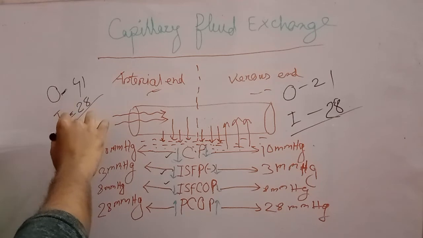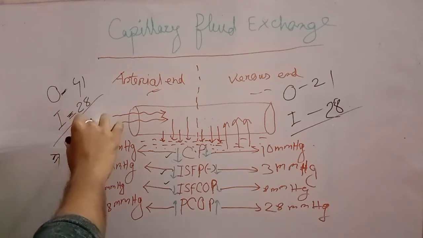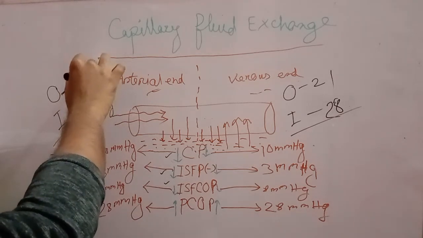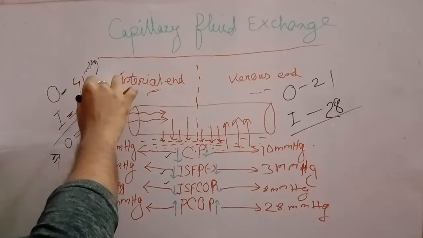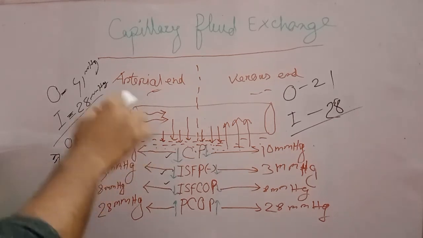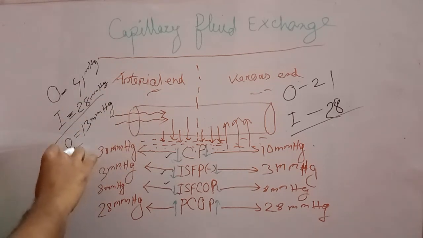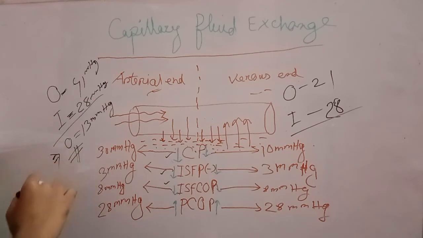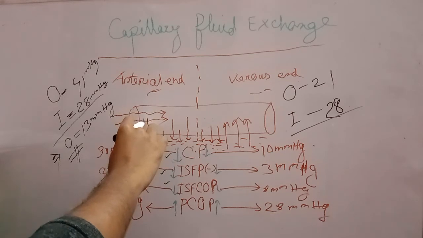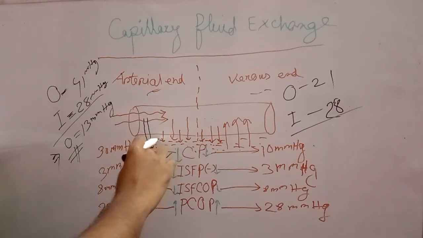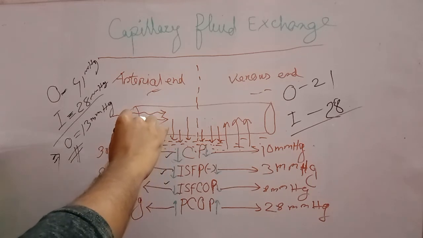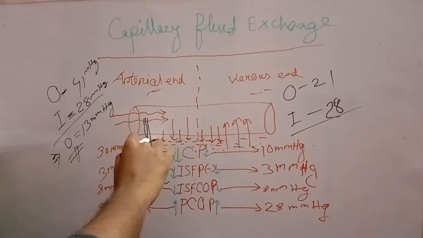The value is 30 millimeters of mercury. So this net outward force at the arterial end is trying to move the fluid outwards, obviously. So at the arterial end, the fluid is moved outward.